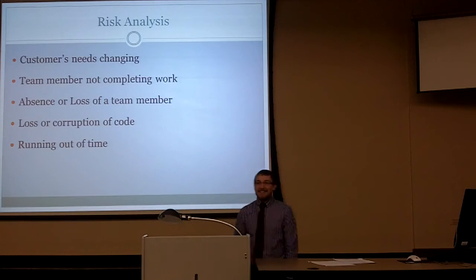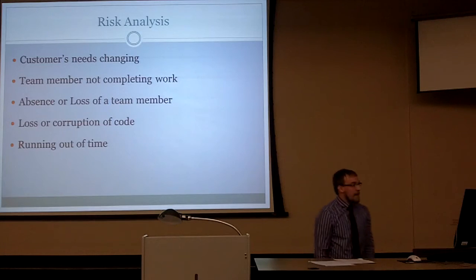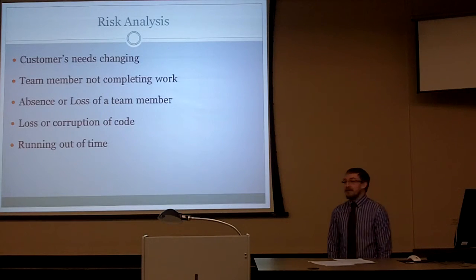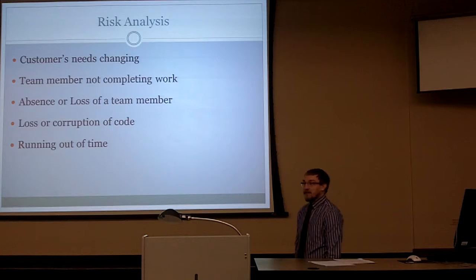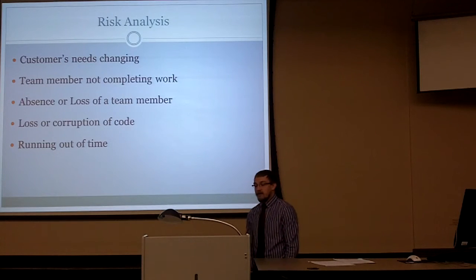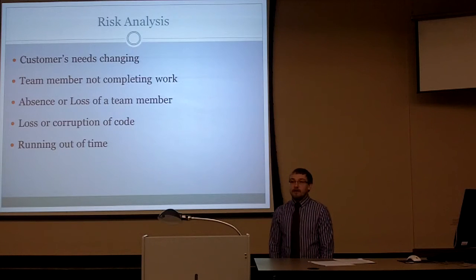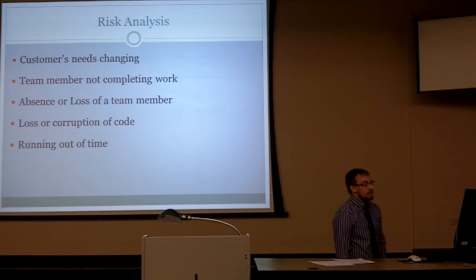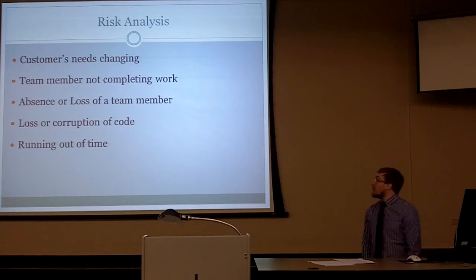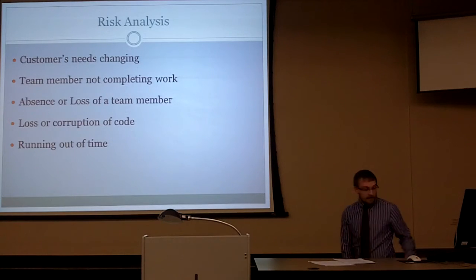Loss or corruption of code is a major risk, though a lot of us, in fact all of us, are working at home, so we will all have a backup of the current iteration on our home PC. So we have at least 3 copies there, and then it is backed up also on Bitbucket. Another risk is running out of time, although it should not be a factor.